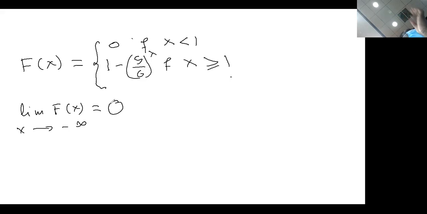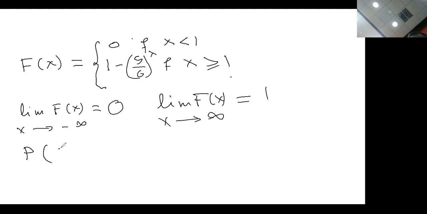This is a property of the cumulative distribution function. And we will have that the limit of f of x as x tends to infinity is equal to 1. Now, suppose I ask you, find the probability that 3 is less than or equal to x less than or equal to 5.